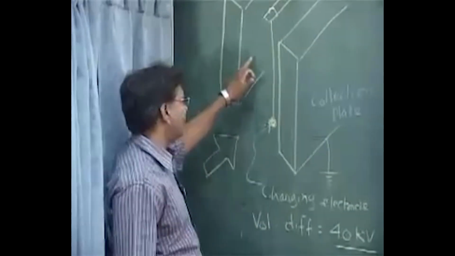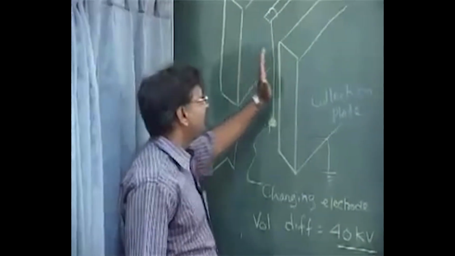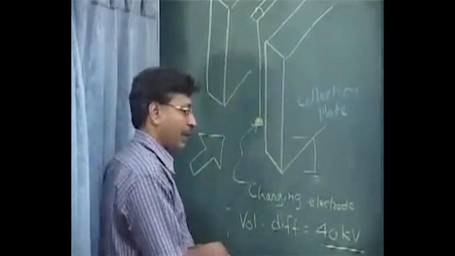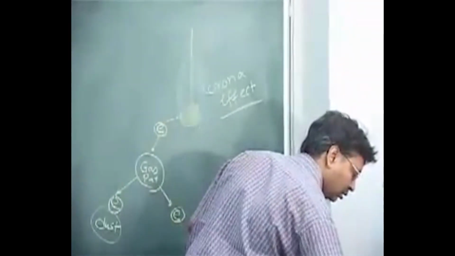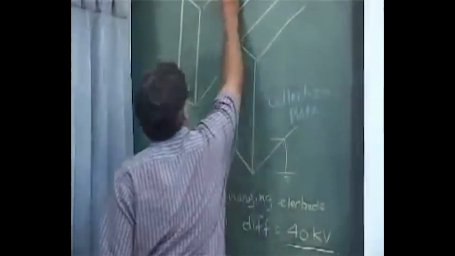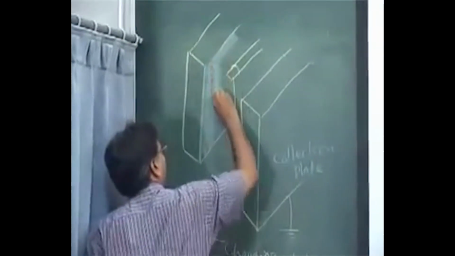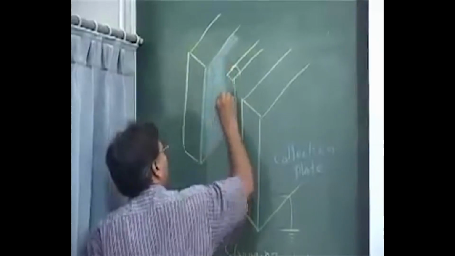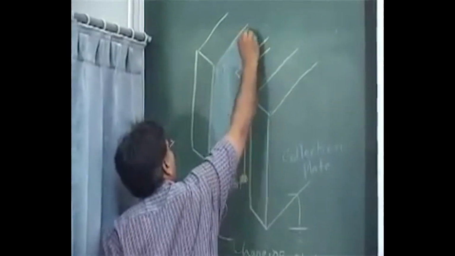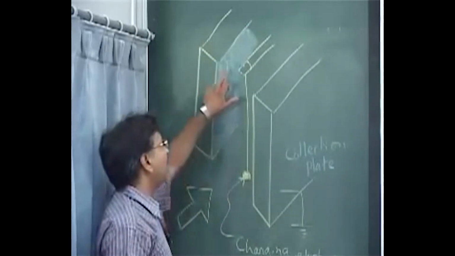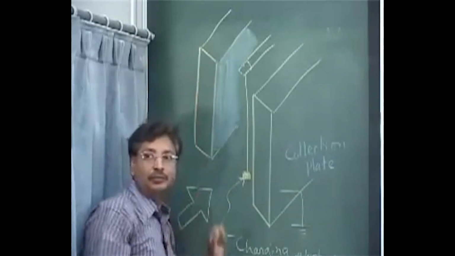So once these particles come onto this one, and as they travel, they will sit onto the plate, and very quickly these particles form a cake onto the plate.